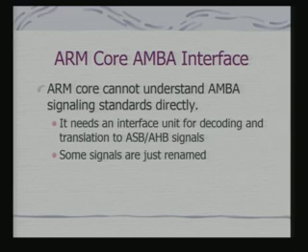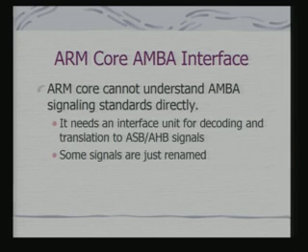Now, how does the ARM core interface with AMBA? Let us take the simple example of ARM7, whose signals we have seen. ARM7 signals are not directly or strictly compatible with AMBA signaling standards. In fact, they do not translate directly. So, typically you need an interface unit for decoding and translation to ASB or AHB signals.